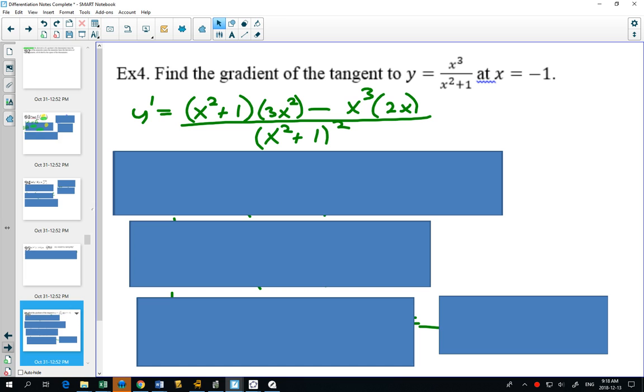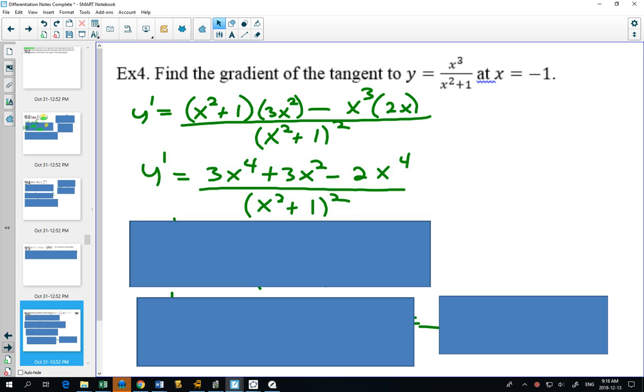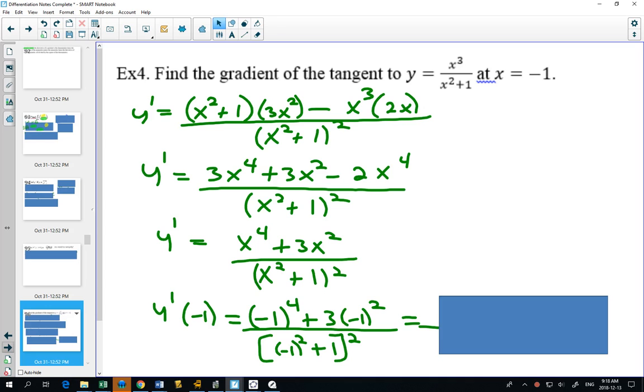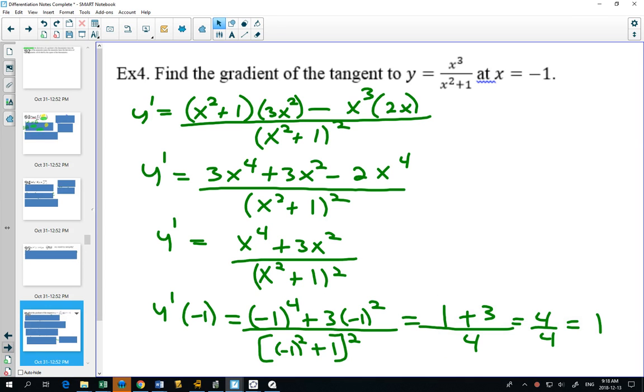Then to find it when x equals -1, plug in -1. I've simplified it a little bit first, but you wouldn't have to simplify. If you wanted to plug in -1 right at the beginning, you could have. Plug in -1. It simplifies all the way down to 1.